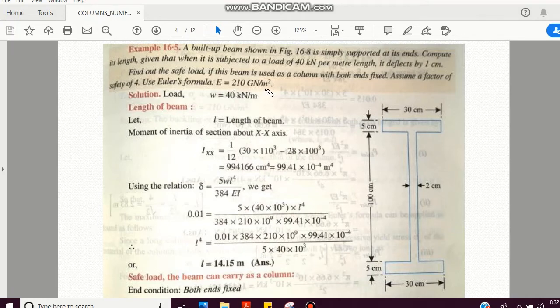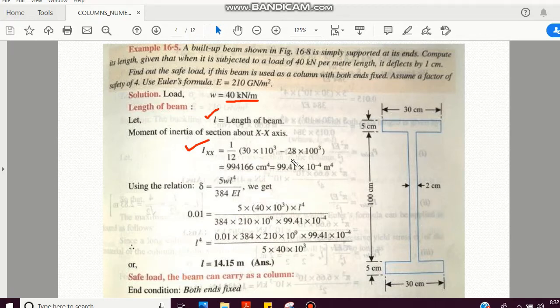First of all, in the first case, this beam is situated as a simply supported beam, and the load condition is UDL. The UDL load is present on it, and the load is 40 kilonewton per meter. The length of the beam is unknown. This is the cross section of the beam.